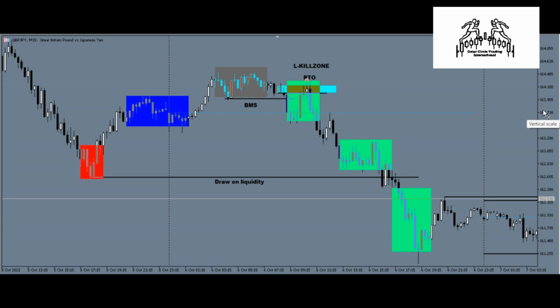In fact, pick one strategy that you are going to trade. If you are trading this concept, break in market structure, return to order block, you sell. You only look for this. You don't trade other things.